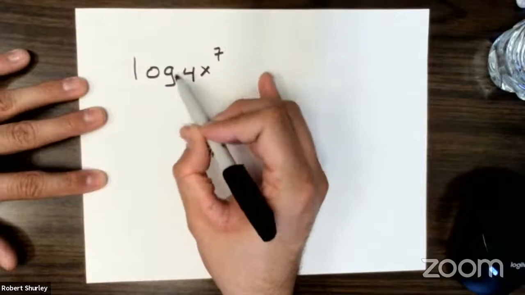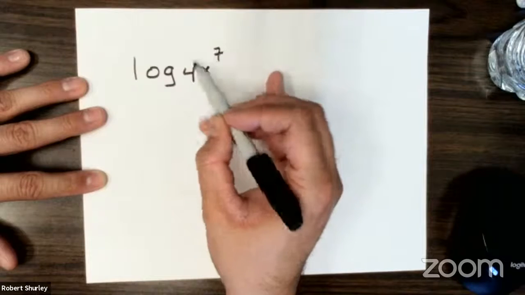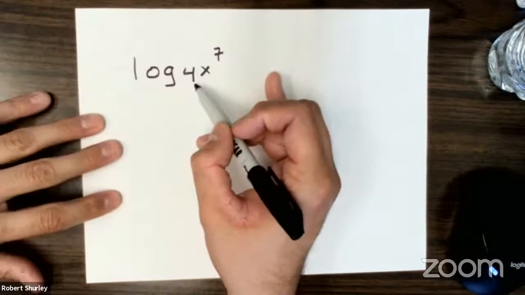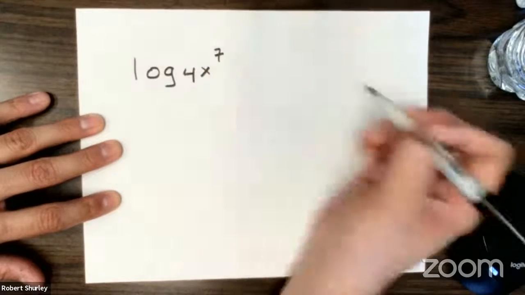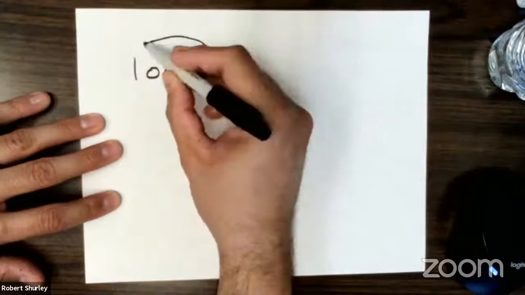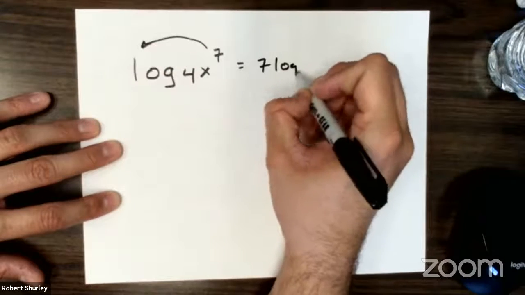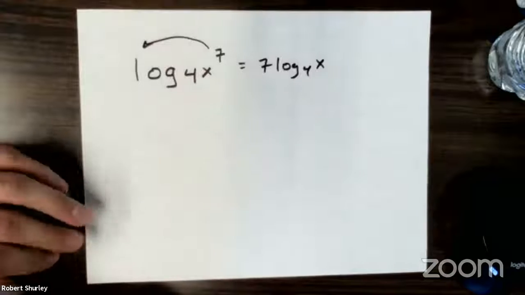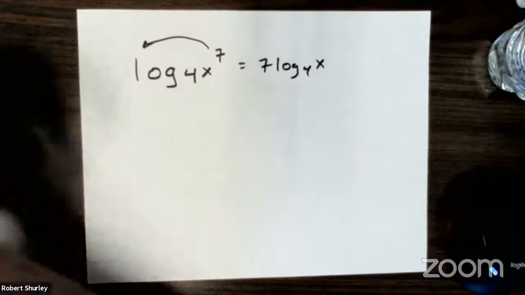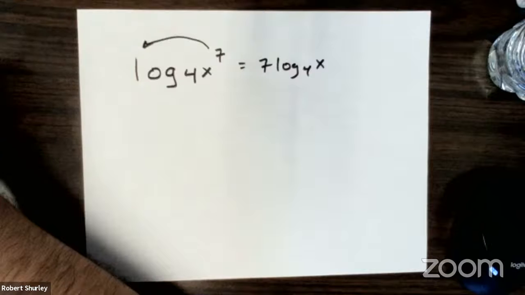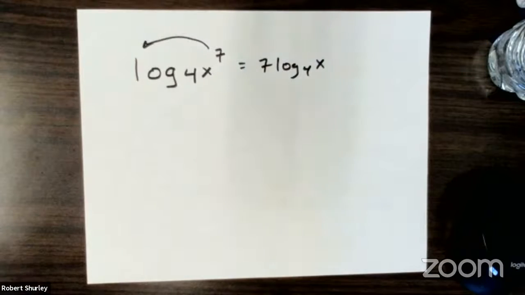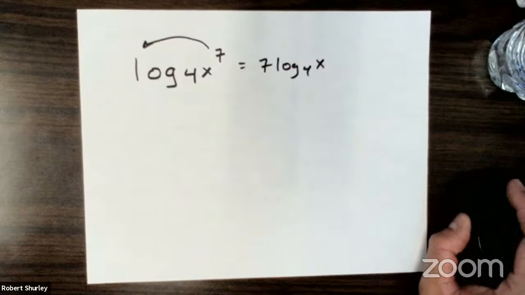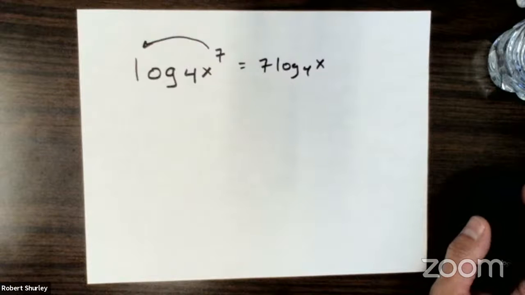Their font makes it hard for this 4 to look like a base. It just doesn't look like a base. So be careful. If there's a number here, it's the base. For this one, we just had to bring the 7 out front. And you'll see in the context of the answers that, oh yeah, that's base 4. It'll make sense when you're in there, especially with the multiple choice answers. So just be careful. It just doesn't look right for some reason. You'll be fine, but keep that in consideration.